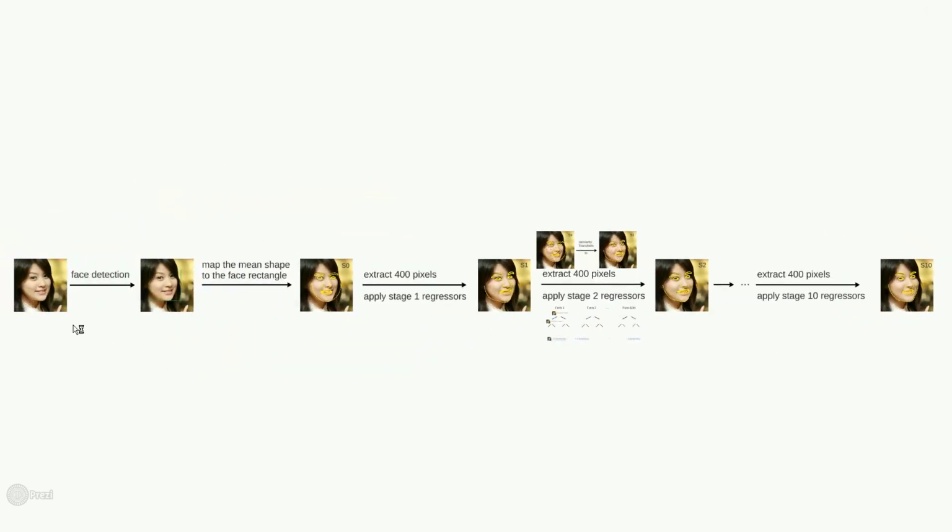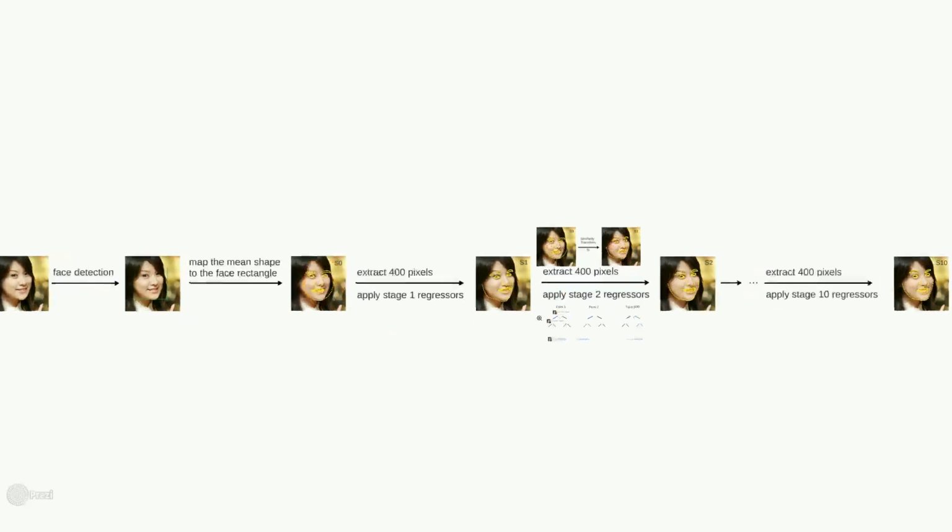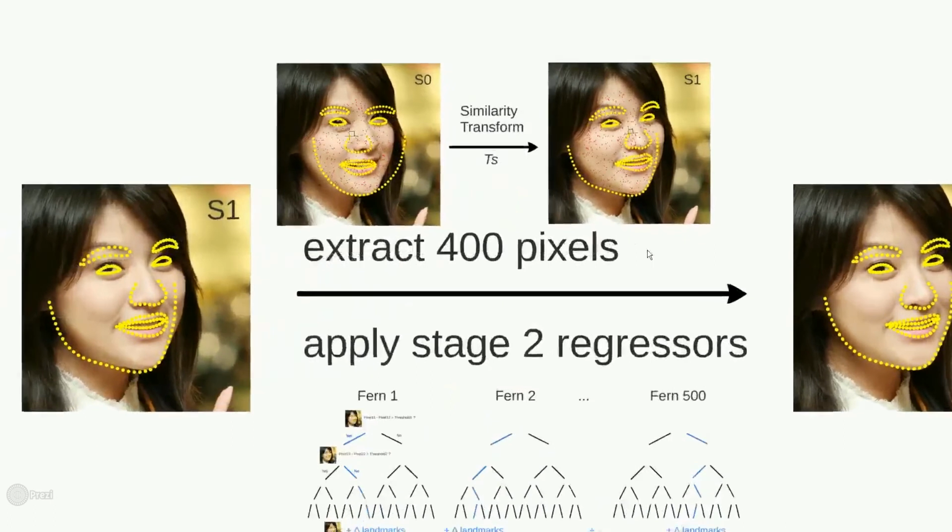So again, this is the flow. And to answer the previous question we asked, what are the parameters that are stored in the prediction model? Here is the answer. First is the mean shape, shape 0. And then there are 10 stages of regressors. For each stage, the locations of 400 pixels are stored in the prediction model.